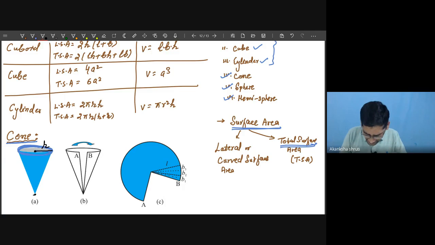This tip, the single point, is just above the center of this circular area, and the distance between the center of the base and the tip or vertex is called height h.